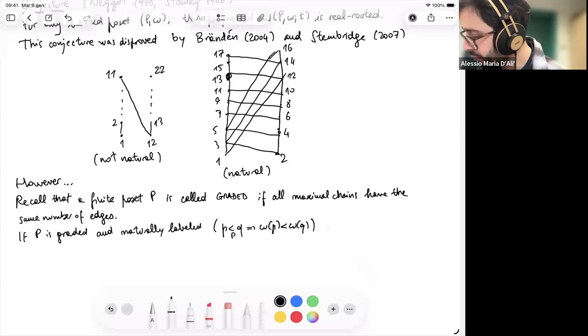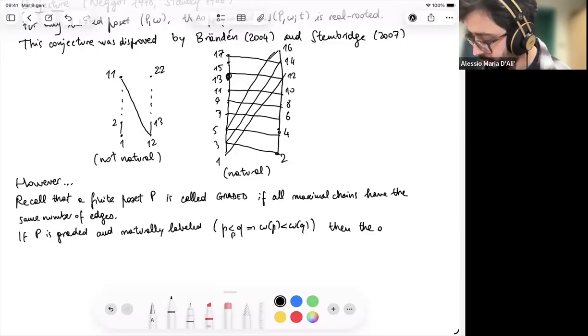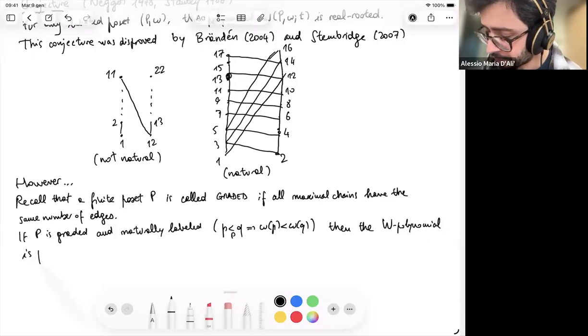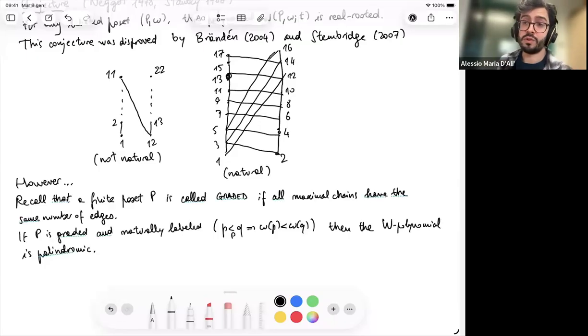If this happens, then the order polynomial, the W polynomial, is palindromic, so it's symmetric. And this opens the way to studying not just real rootedness, but also gamma-nonnegativity and unimodality, which you could try also without palindromicity.